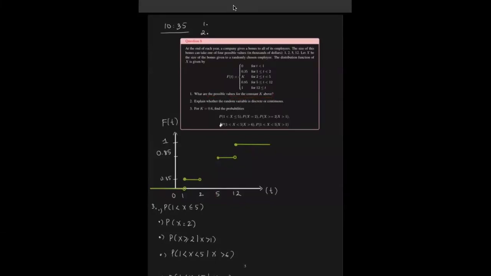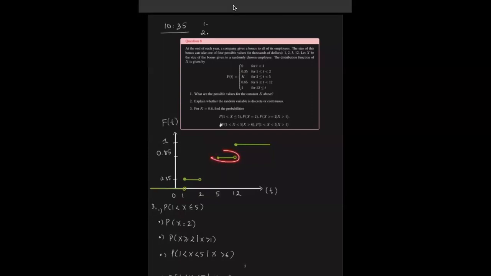We know that a distribution function is non-decreasing, which means the value from 2 to 5 cannot be smaller than the value from 1 to 2. Because if it is, then the function is decreasing. But a distribution function is non-decreasing. And it also means that it cannot exceed this value.